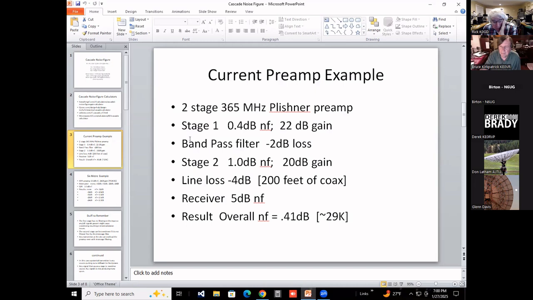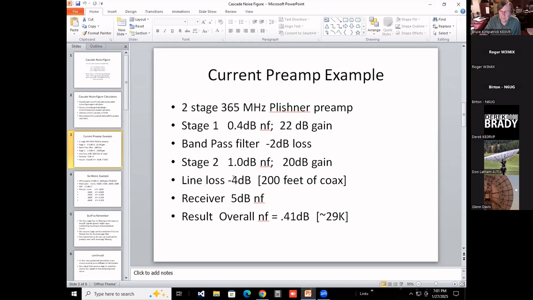Ray, can I ask a question? Sure. Why do we need the second amplifier? Very good. In this particular case, we might not need it, but the more gain that you have up here masks the loss coming down the coax.